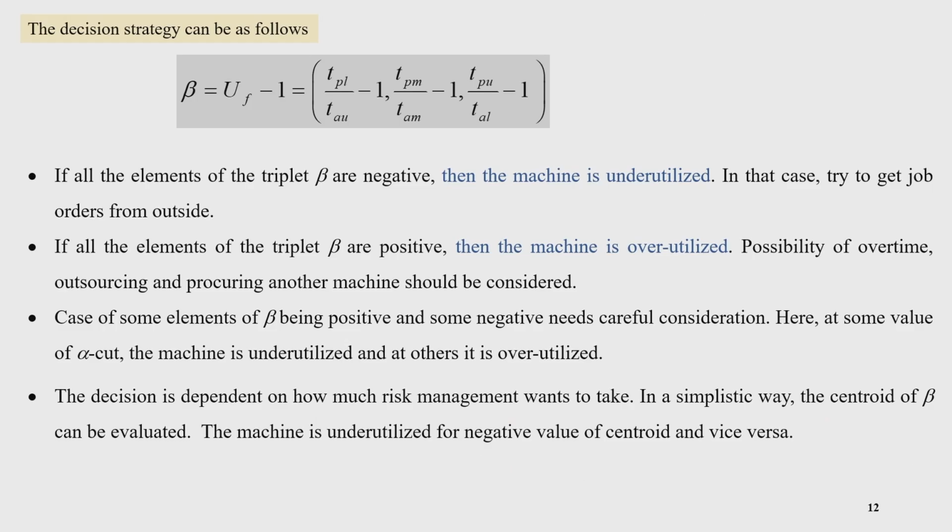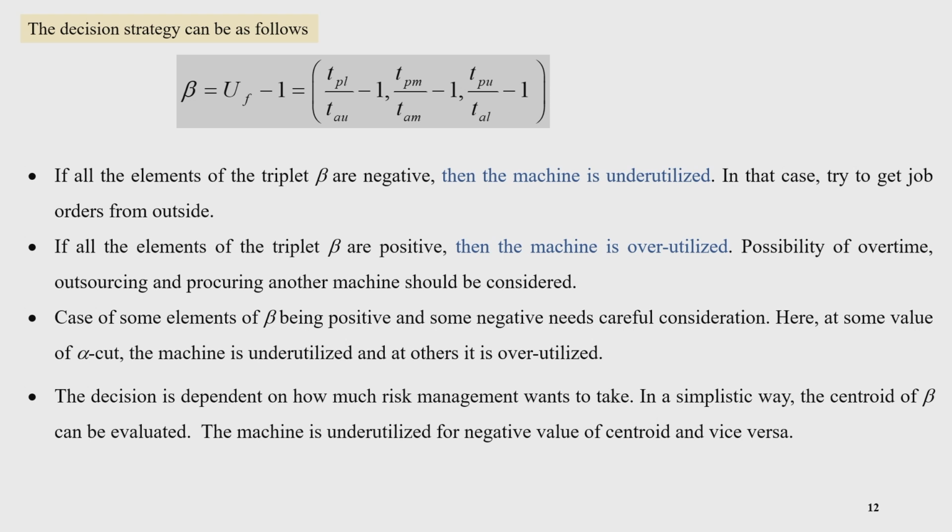So, the case of some elements of beta being positive and some negative needs careful consideration. Here, at some value of alpha cut the machine is underutilized and at others it is overutilized. So, the decision depends on how much risk management wants to take.